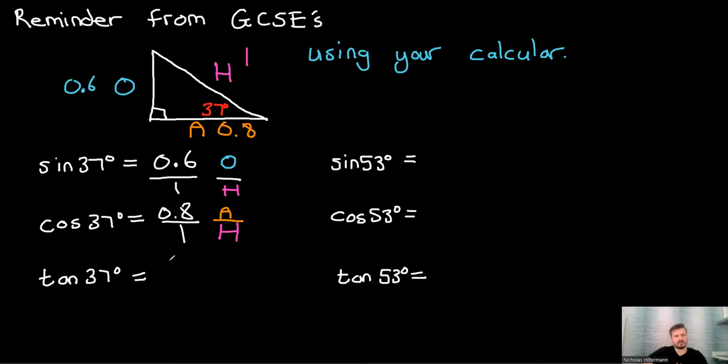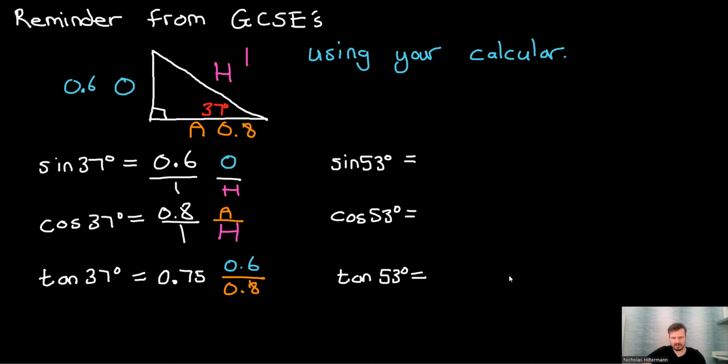Now what do we do if we put tan 37? What do we get? We get 0.75. Okay, now what is our tan? Tan is SOHCAHTOA, so opposite over adjacent. So if we put our opposite as 0.6 and our adjacent as 0.8, what's 0.6 over 0.8?